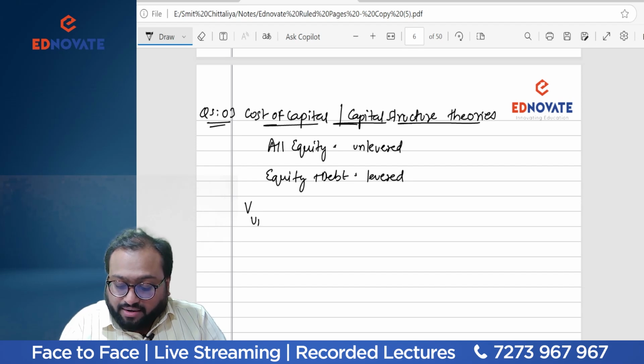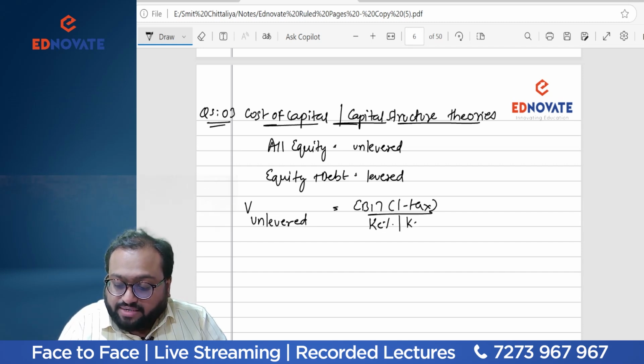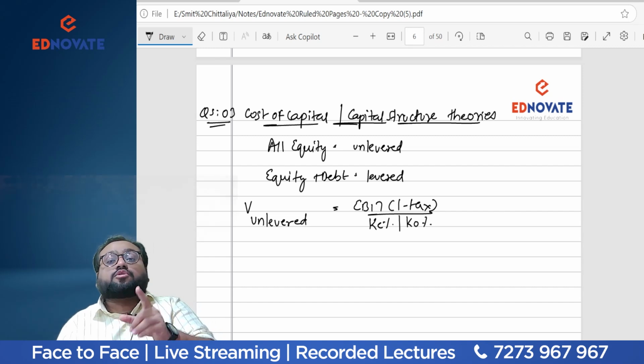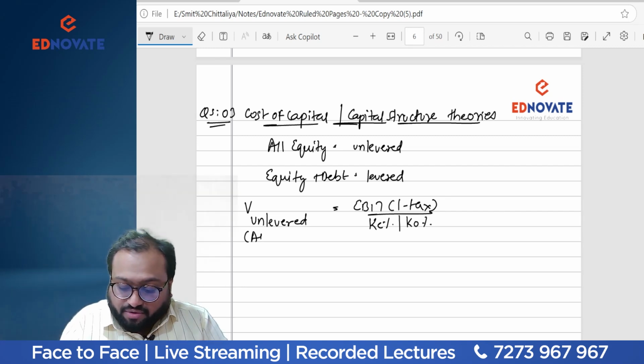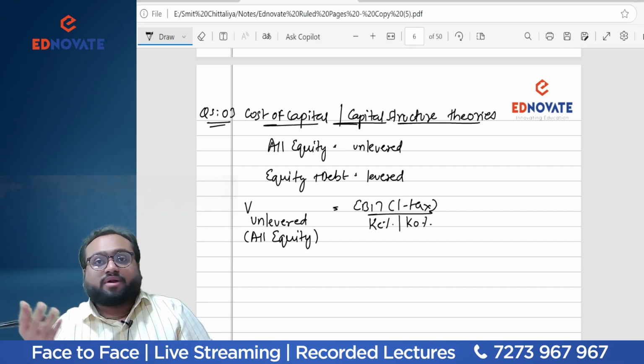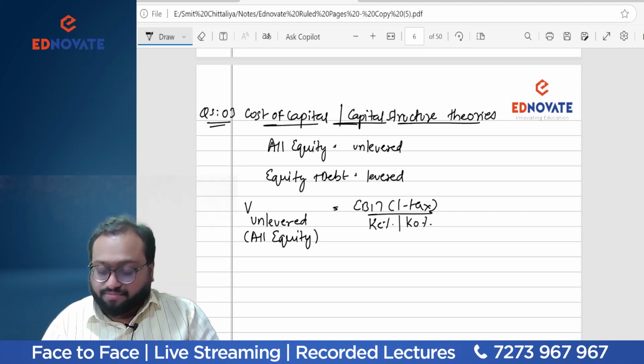Value of unlevered firm will be, since it is tax, EBIT (1 minus tax) upon KE percentage or KO percentage. So why are you writing KE or KO? Because KE and KO both will be the same. Since it is all equity, unlevered means all equity. Am I right, boys and girls? So if it is all equity, my KE will be equal to KO, and I can write KE percentage or KO percentage. The answer will be one and the same.